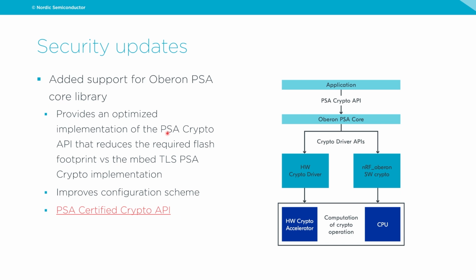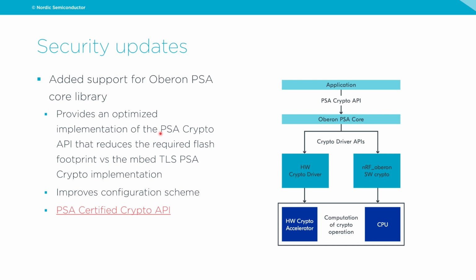PSA stands for Platform Security Architecture, and it's a global consortium, or a global partnership of companies founded by ARM together with a number of security evaluation labs, that aims to create a standard approach to IoT security, including a framework as well as a certification program.